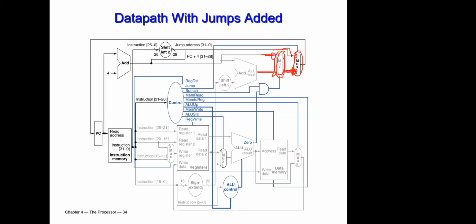So each has a particular path. Let's say I would like to have the program counter plus 4. The program counter plus 4 will be here, that multiplexer will choose 0, so that guy will appear here. That multiplexer will choose 0, so that guy will be here. So I have the program counter plus 4.